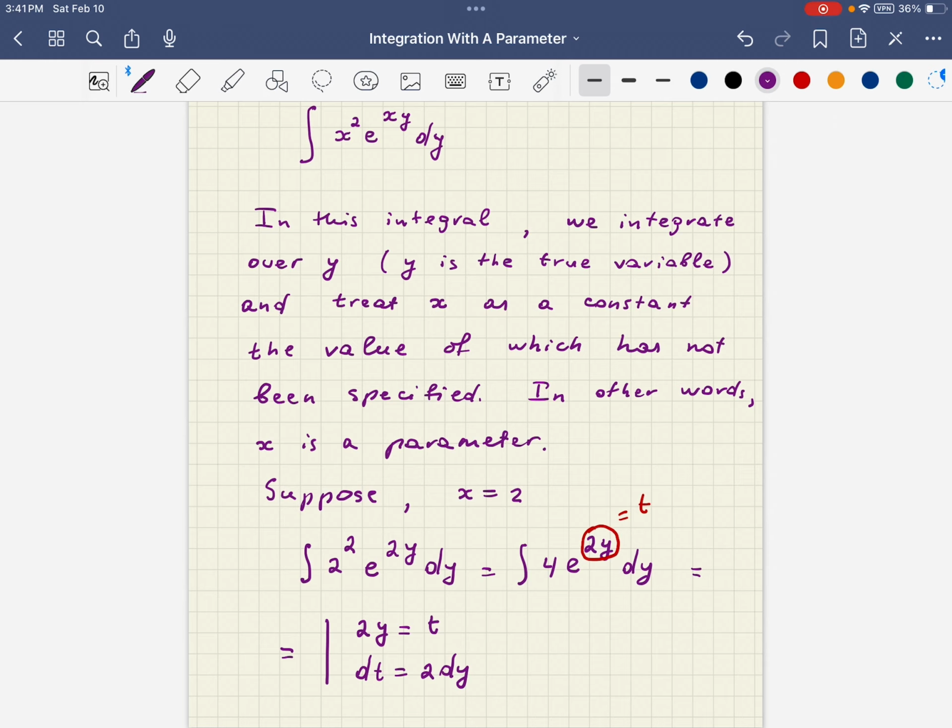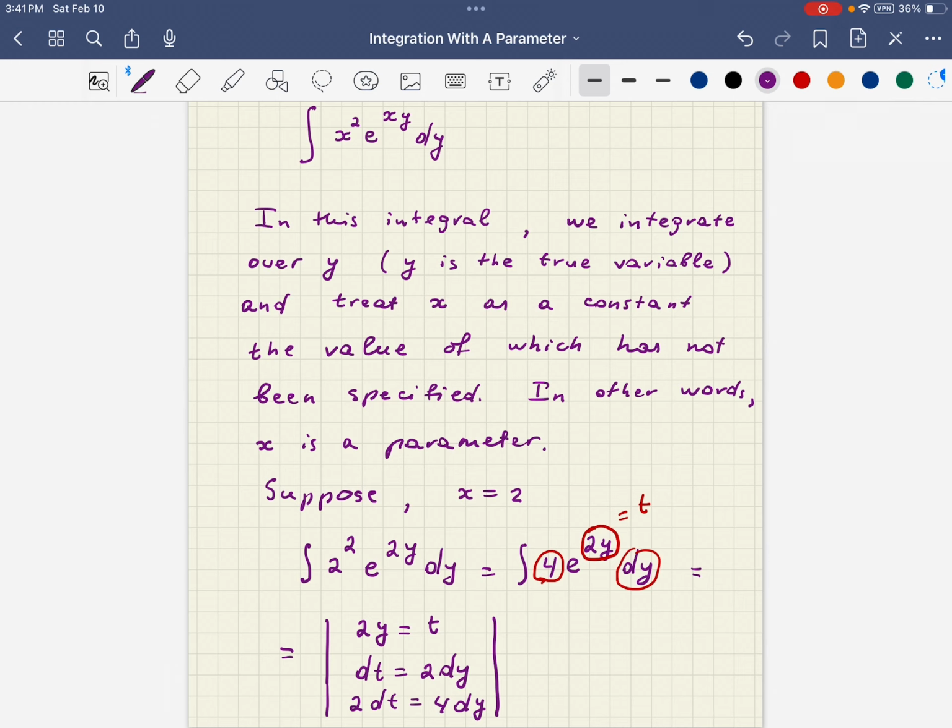Note that in our integral, we have the constant 4 times dy. When I compare this with dt, which is 2 dy, I see that the easiest way to complete this substitution is to note that 2 dt is equal to 4 dy.